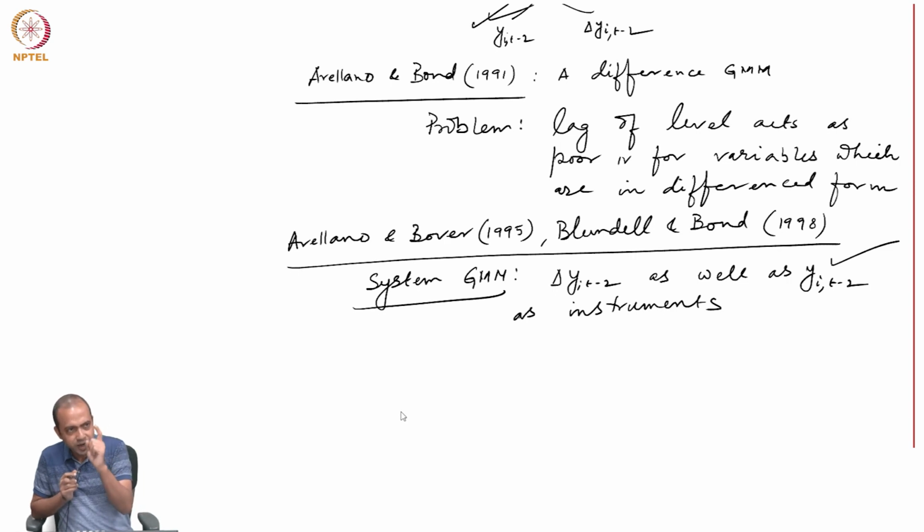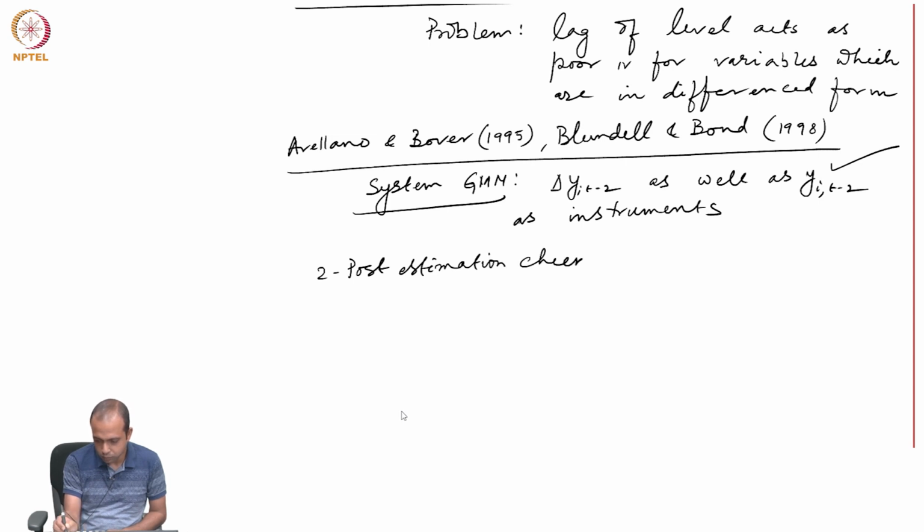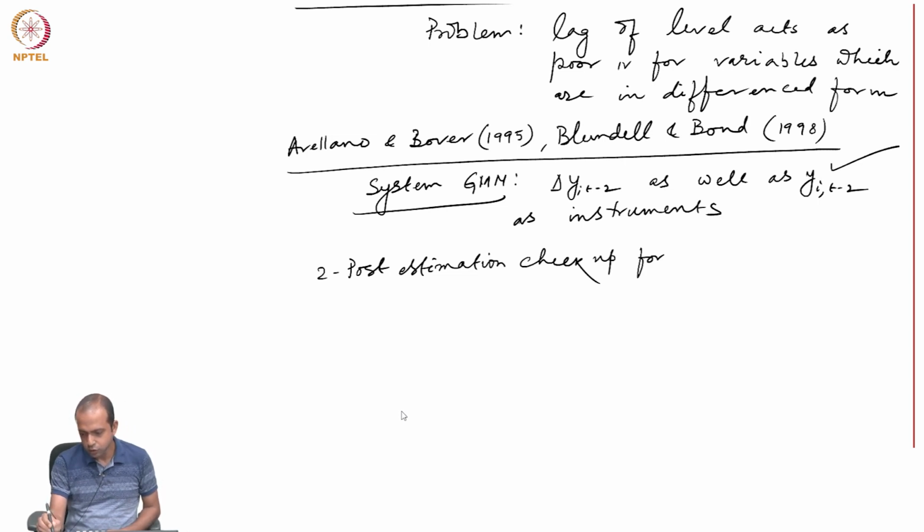And we ended our class saying that once we estimate a dynamic panel data model, basically we need to go for two types of post estimation checkup for DPD, the dynamic panel data model. What are those?